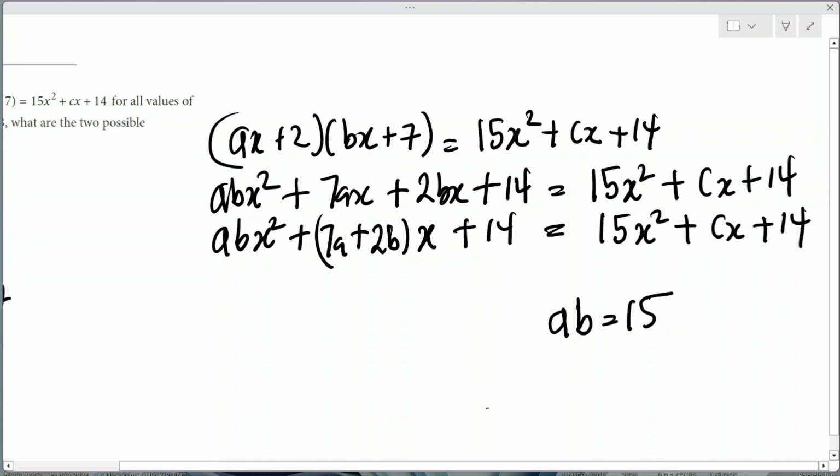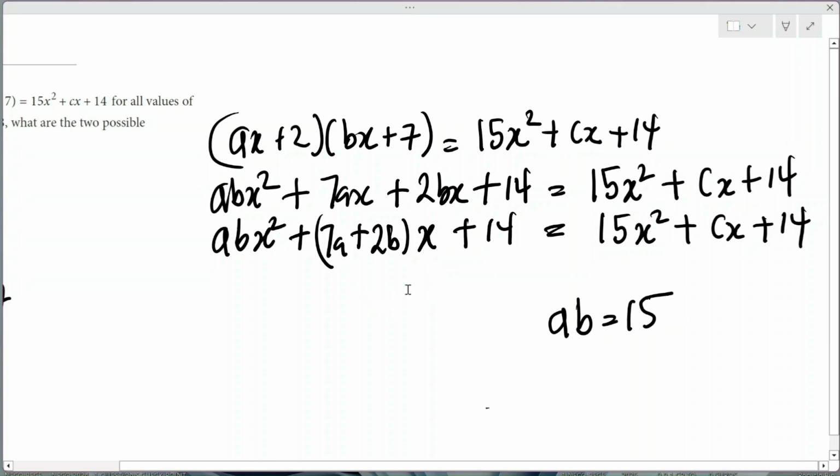What we have been trying to do is to see what we can get out of the first equation. And from the first equation, we've used the coefficient of x squared to get that ab equals 15. We can then use the coefficient of x to get c in relation to a and b using the equivalent method.